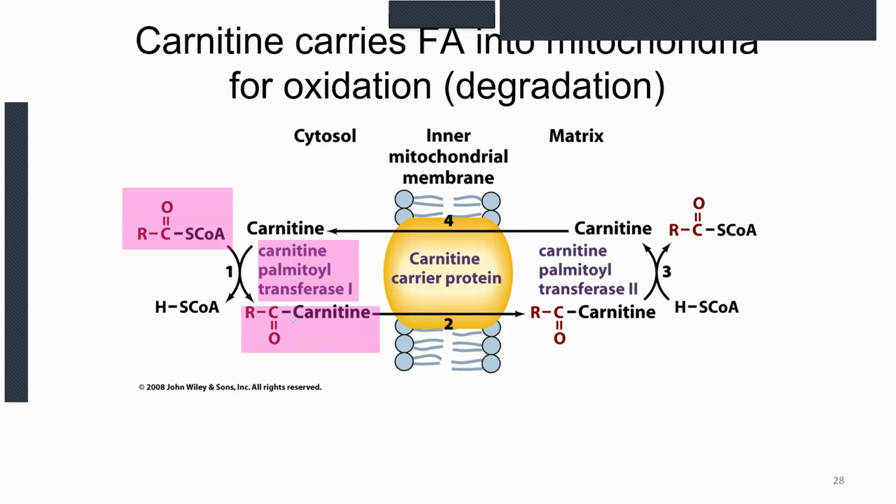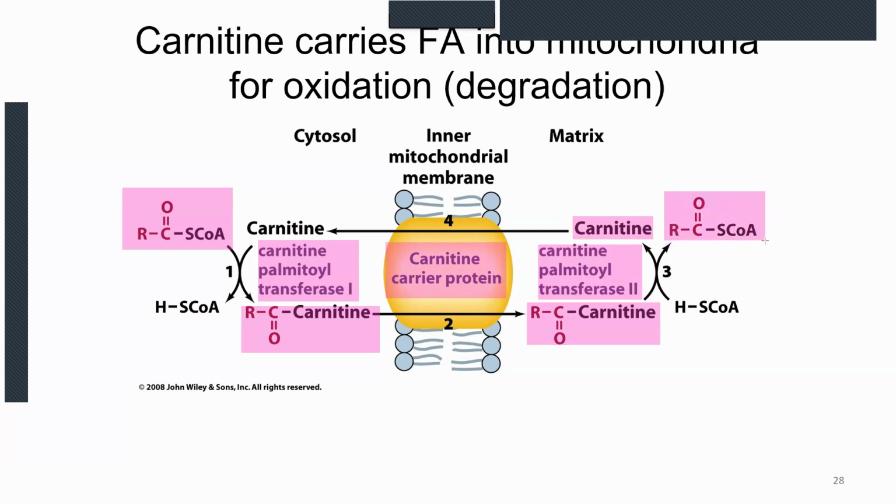The resulting FA carnitine molecule will be trafficked into the mitochondrial matrix, within that very selective membrane, using a carnitine carrier protein. This carnitine CoA will then be acted on by carnitine palmitoyl transferase to reproduce free carnitine and our FA-CoA.